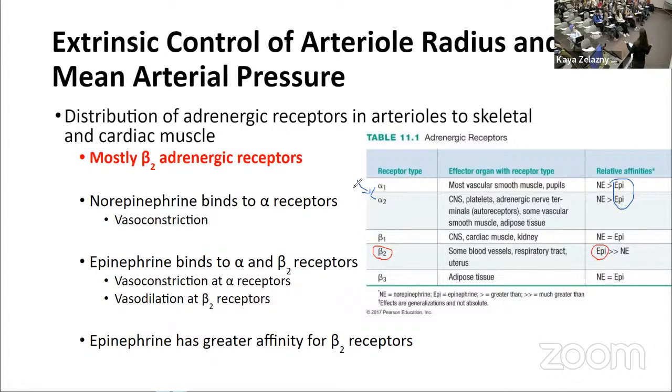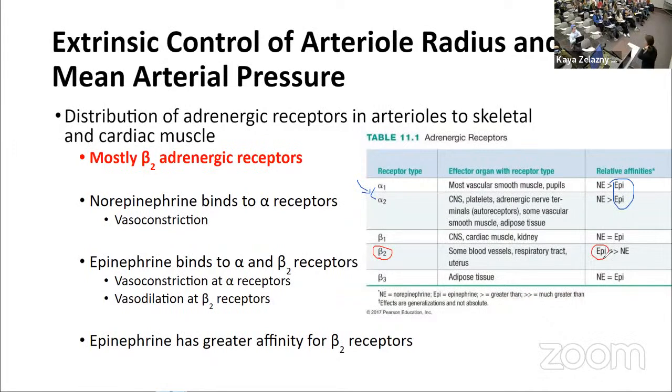If something's binding into that alpha receptor, you're creating vasoconstriction at that arteriole. It doesn't really care which of our molecules is binding in. But at those beta-2 receptors, which are almost entirely just responding to epinephrine, when something binds in, they're going to create vasodilation. So the beta-2 receptors are responding in the opposite direction than our alpha receptors did.